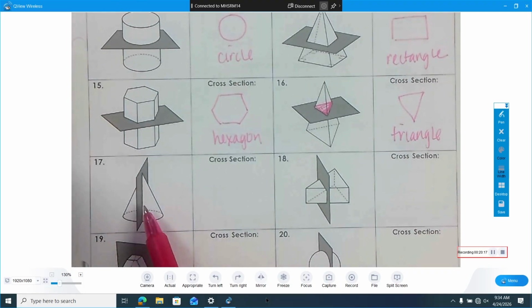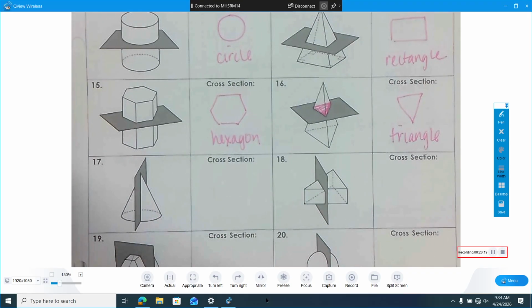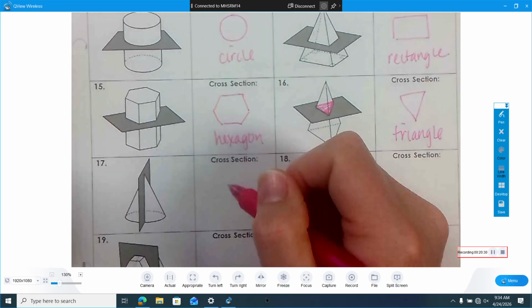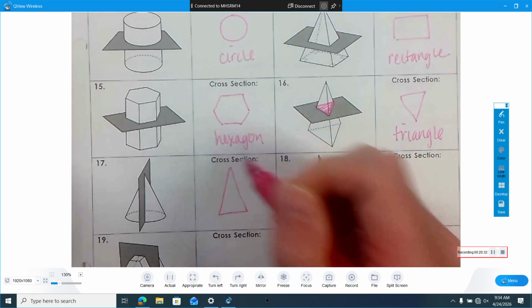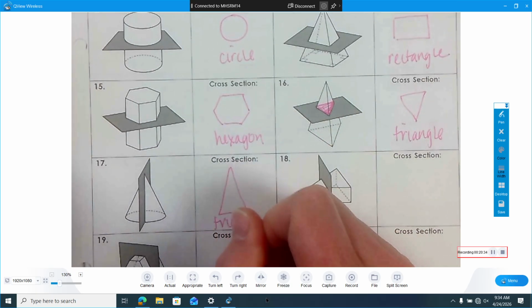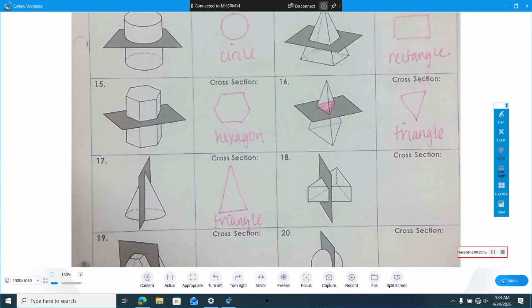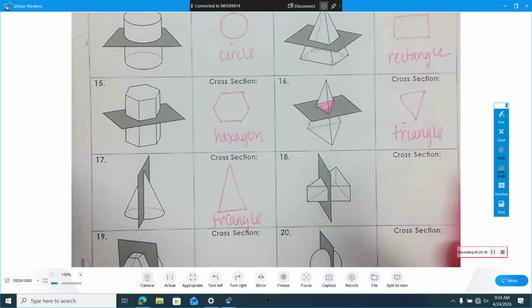Now these are being sliced vertically. These are sliced a little bit differently. So if I have a cone, and I chop it straight through, what would I look at? Yeah, tall triangle. What about number 18?